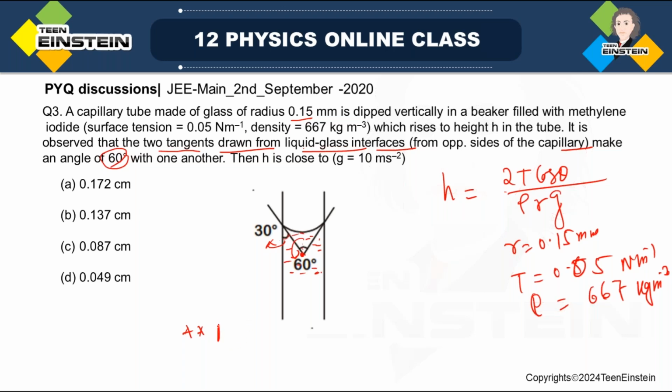Here the angle of contact is actually 30 degree. So now you have all the information which you require to find out the height. Now it's just a calculation.